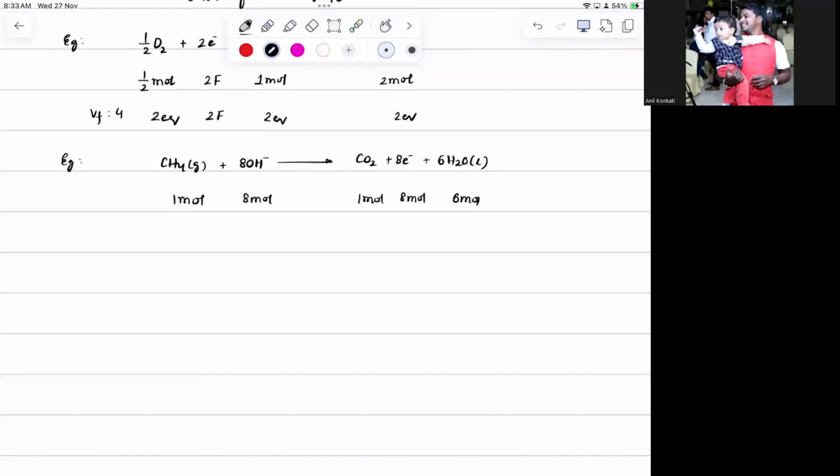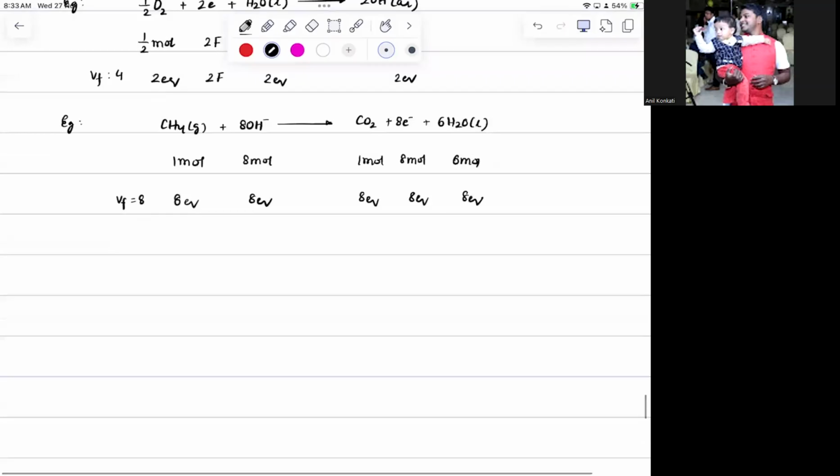And valency factor for carbon in this case, valency factor is 8. Why? Because from minus 4, it is changing to plus 4. So the number of electrons transferred are 8. Okay. So therefore, if this is 8 equivalents, this should also be 8 equivalents, 8 equivalents, 8 equivalents, and 8 equivalents. Isn't it? Again, this is by law of equivalence.